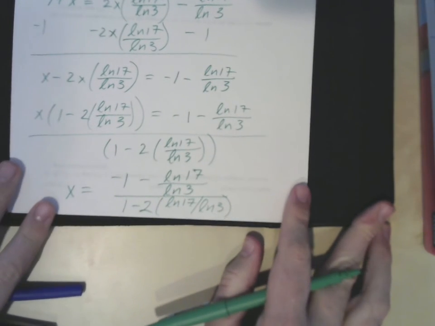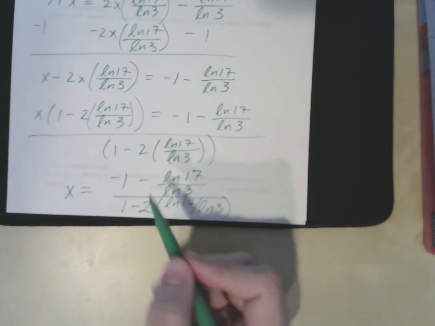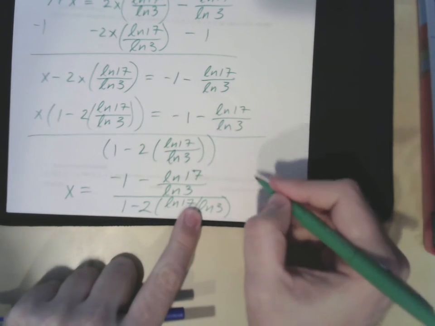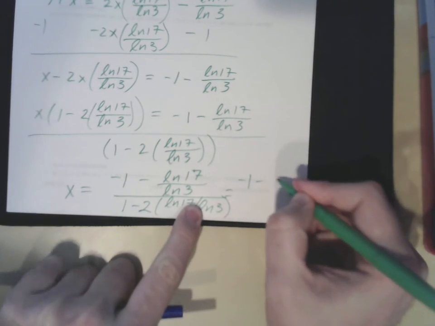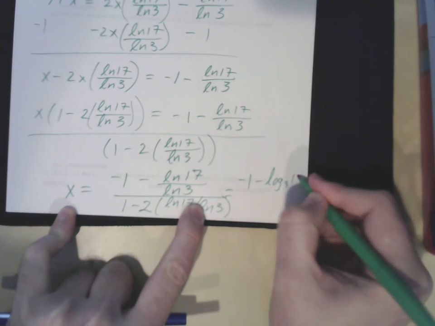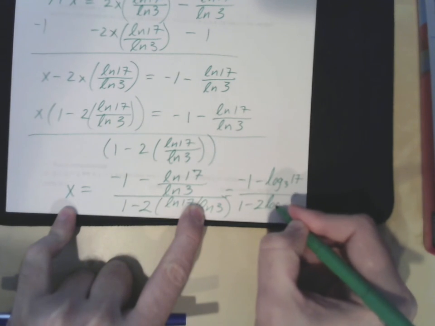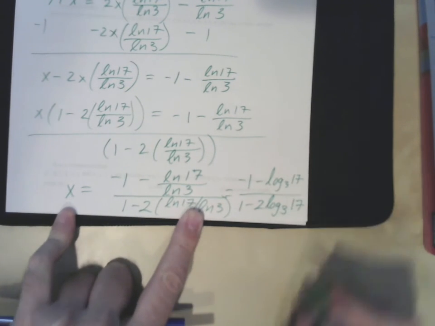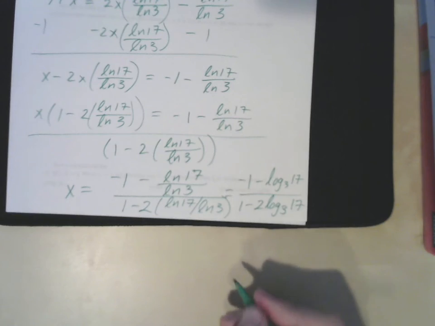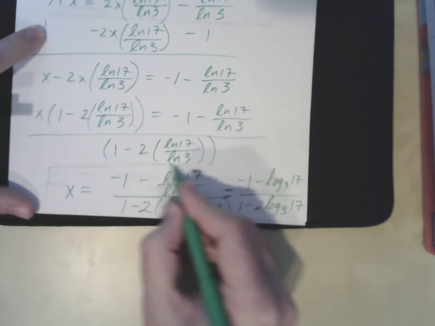And there's no way to simplify this any further. The only thing we could do is use our change of base to write this as negative 1 minus log base 3 of 17 over 1 minus 2 log base 3 of 17. These two answers are the same. They're equivalent by our change of base formula.